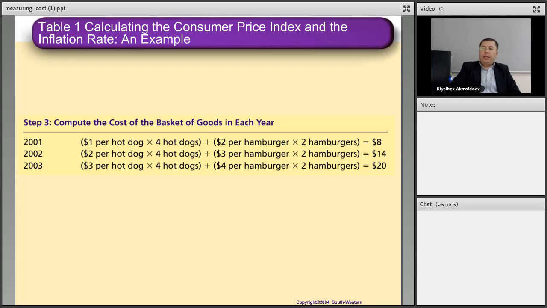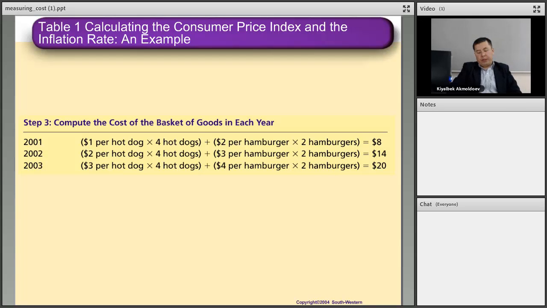What was the next step? To find CPI, the Consumer Price Index. What was the formula of CPI? The cost of the basket in the current year divided by the cost of the basket in the base year, multiplied by 100.